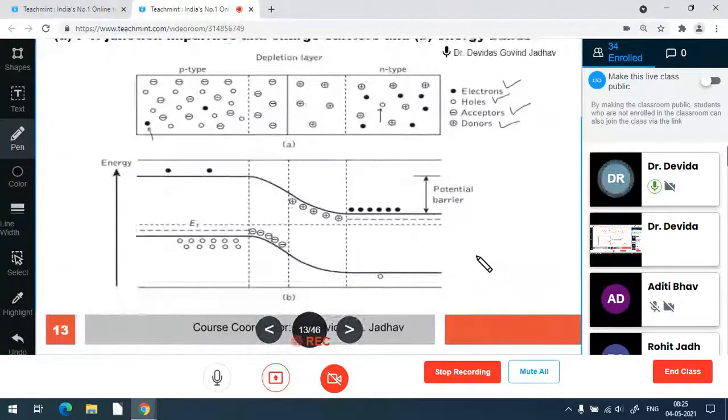And this is the energy band diagram. There are differences in the conduction band energy in P type as well as N type.